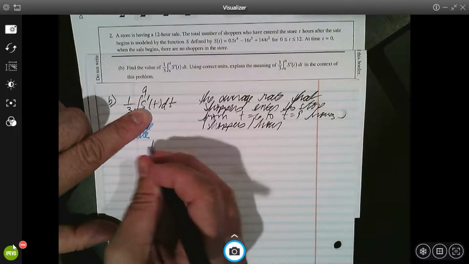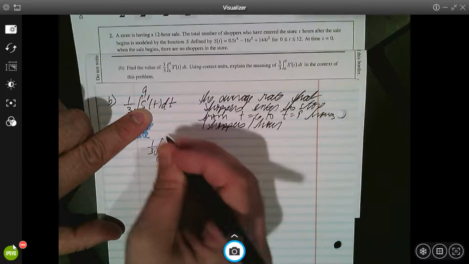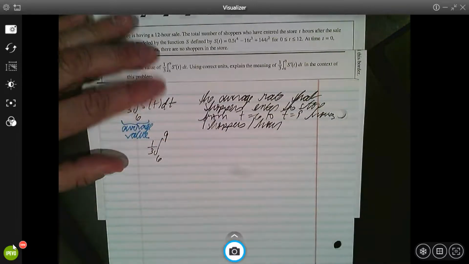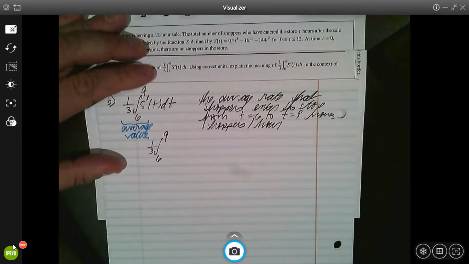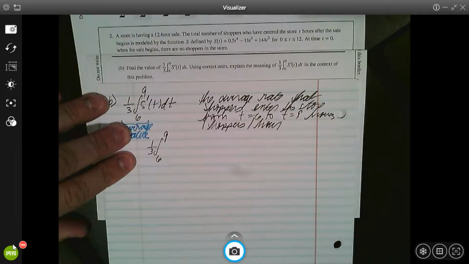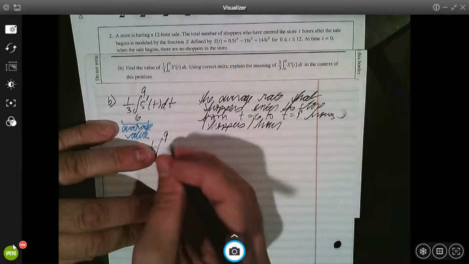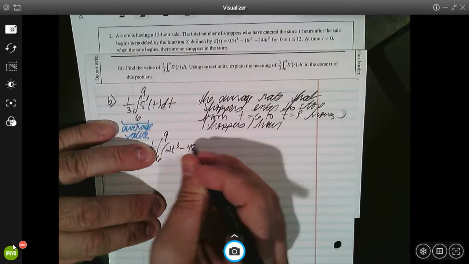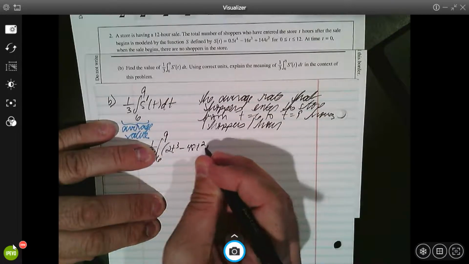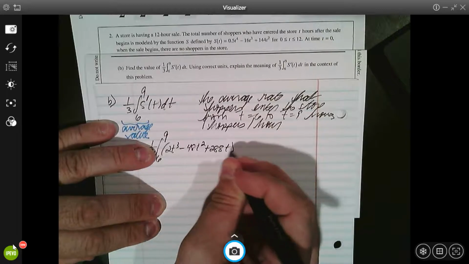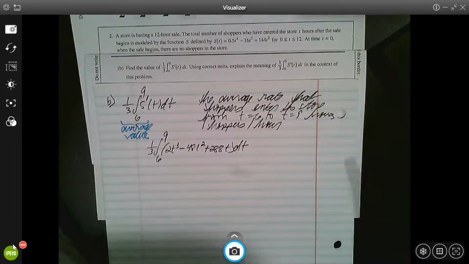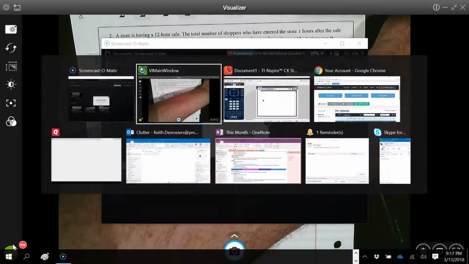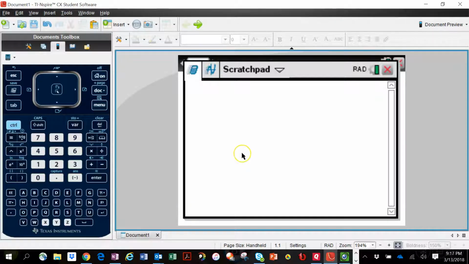I'm going to go to my calculator and evaluate 1/3 the integral from 6 to 9 of S prime of t. Well, what was S prime of t? S prime was 2t cubed minus 48t squared plus 288t. Integrate that with respect to t. Let's switch over to the calculator here.